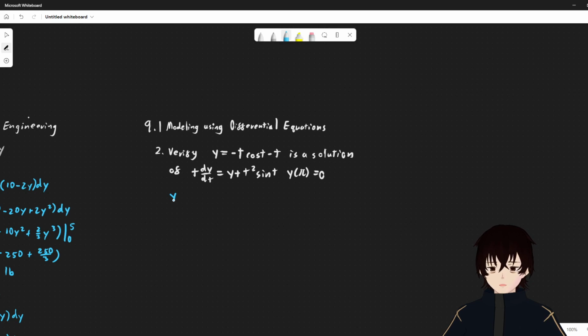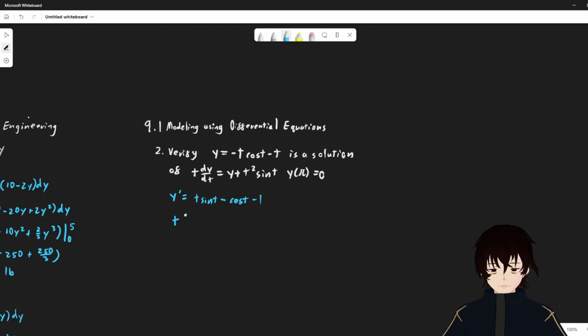But first we must find y prime, or dy/dt, is equal to... Oh man. What was I doing? Oh yeah. Negative t, or is it positive t sine t plus or minus cosine t minus 1.